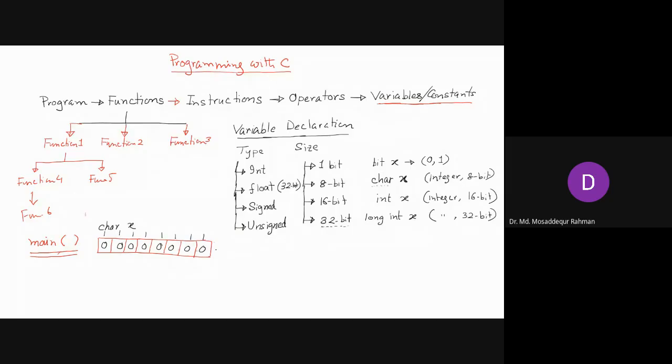When all are zeros, obviously the value is 0. When all are ones, what is the value? All are ones, 8 ones.